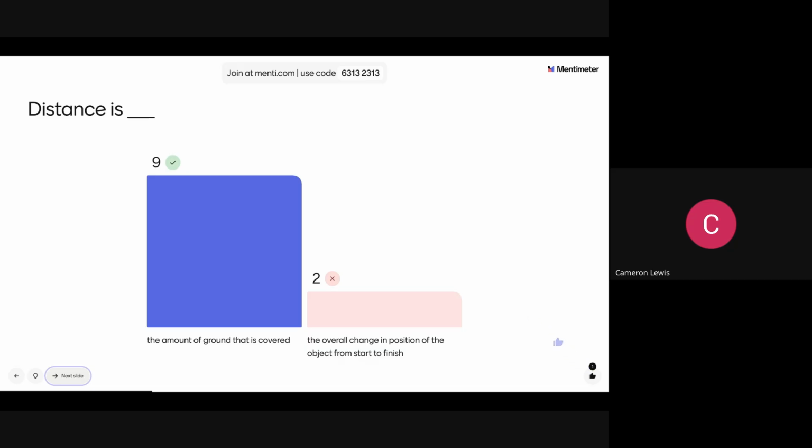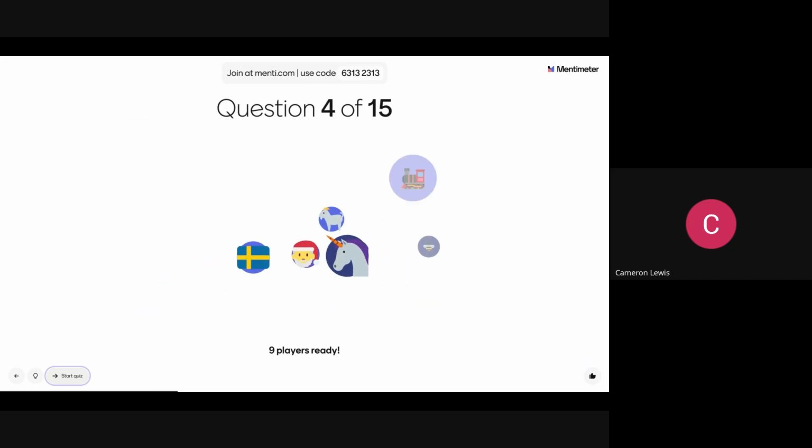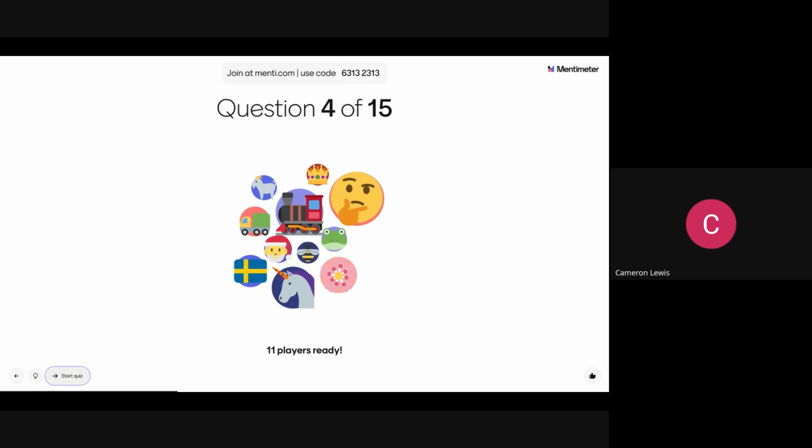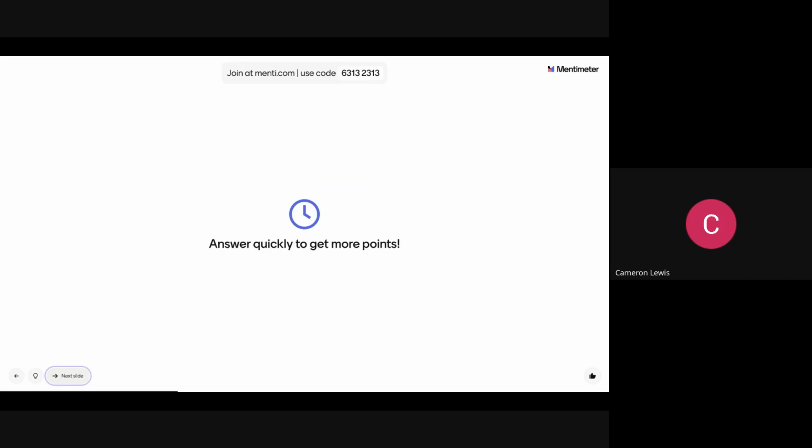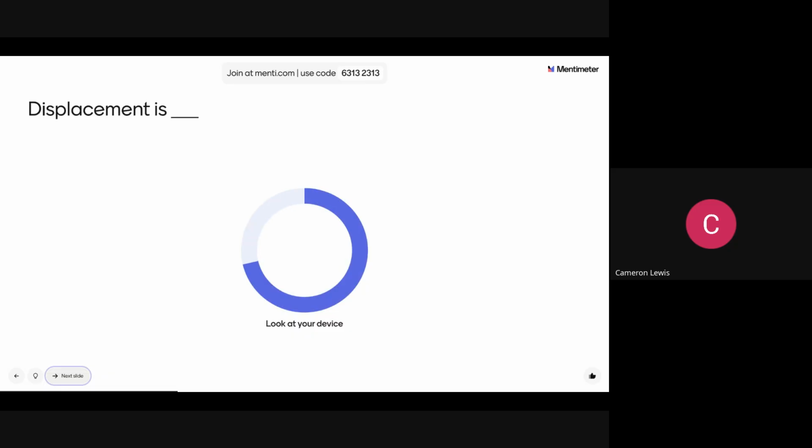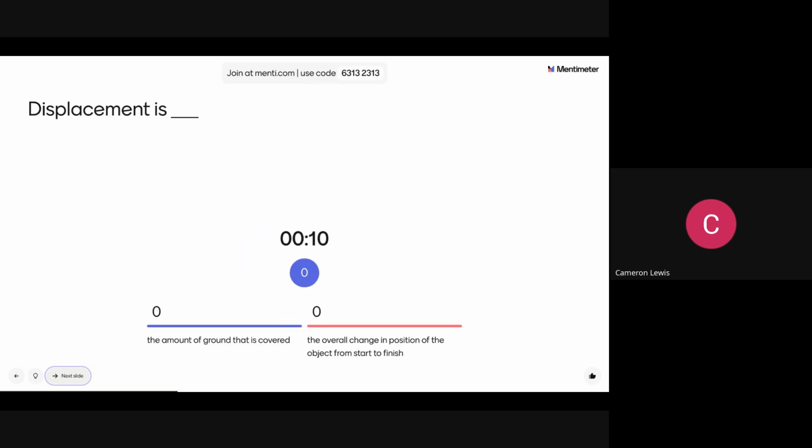The amount of ground that is covered, good. Displacement: the overall change of position from object start to finish, or the amount of ground that's covered.